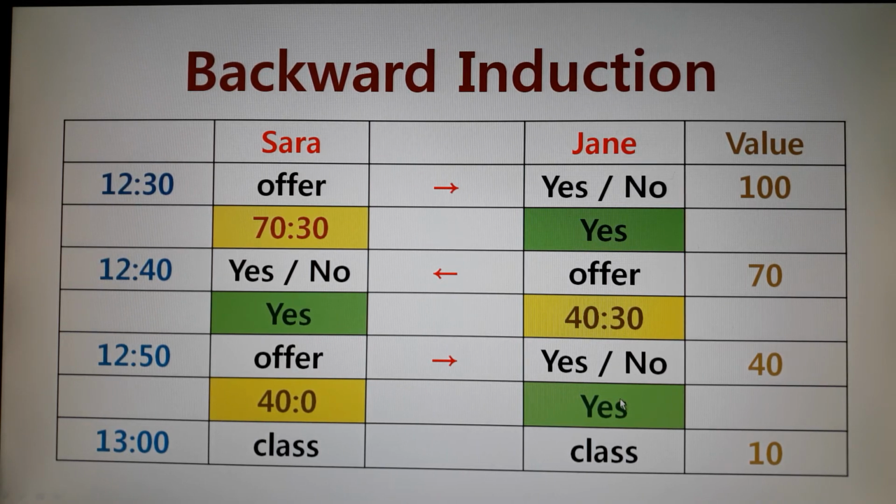Okay? She has very low pride, I gave up 39 to Sarah, I get only 1. But if you are grown up, you are a businessman, would you rather get 1 or would you rather say no and get 0?